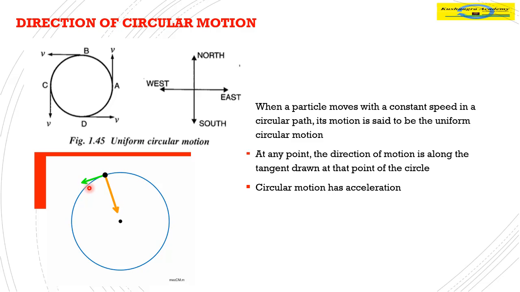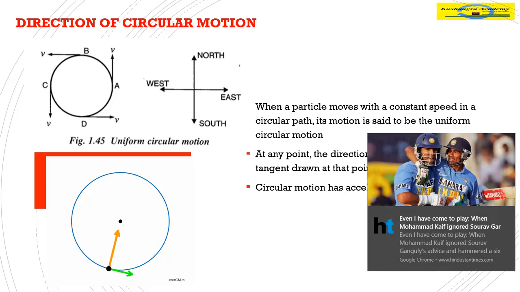But here the velocity magnitude is constant, but the direction is changing, that means velocity is changing. If velocity is changing, that means there has to be an external force. And if there is an external force, there has to be an acceleration. That's why circular motion is said to have acceleration.